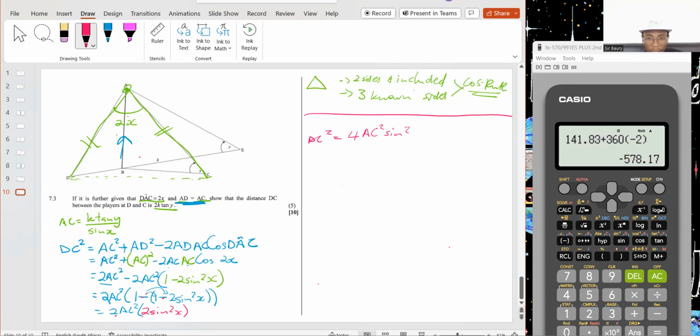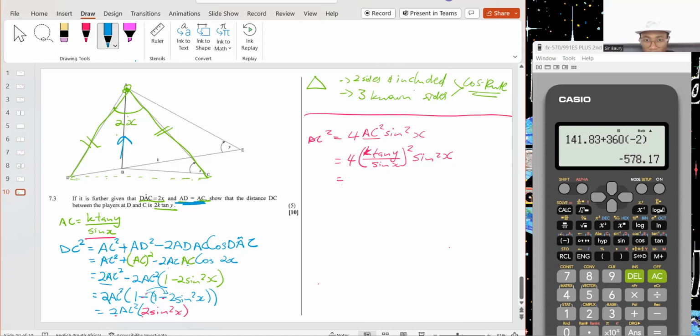I know what AC is. Here is AC, so I'm going to substitute AC, which gives me K sine y over sine x, all squared, then sine squared x.